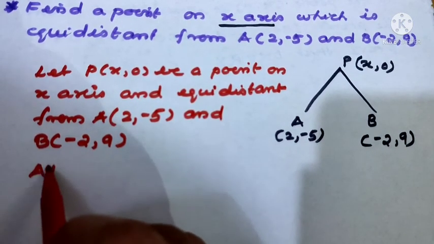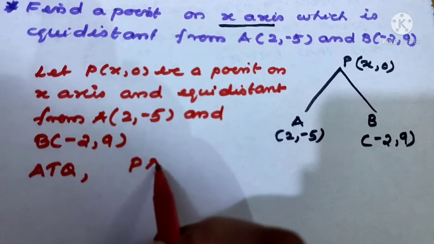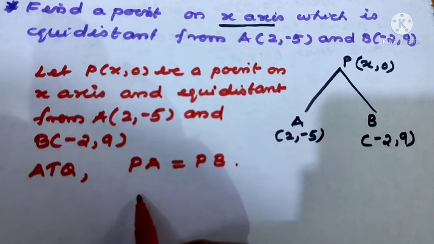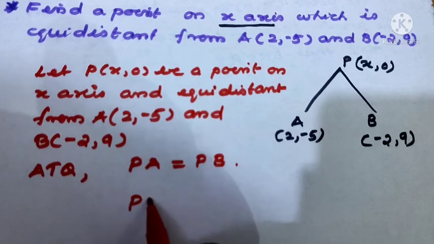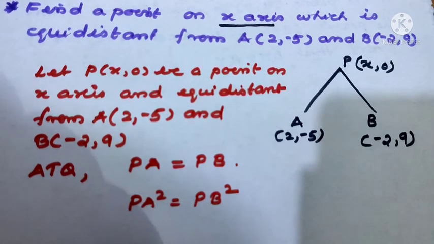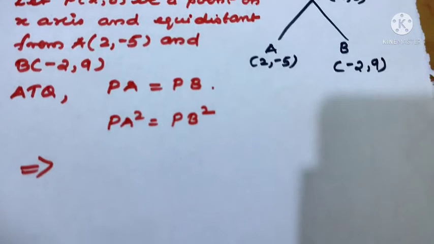So according to the question, PA equals PB, or we can write PA square equals PB square also. So without the root only we can start now.